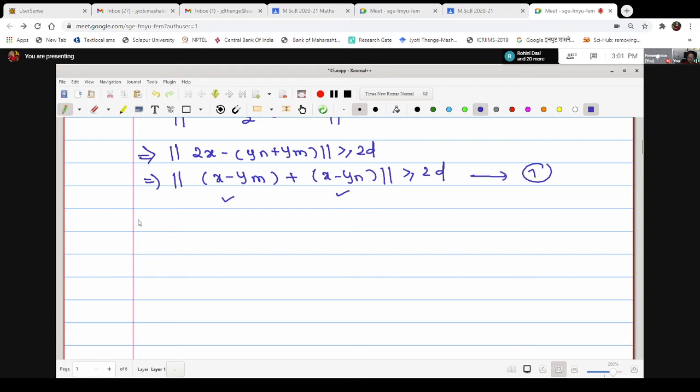Now here I'll just write, using the parallelogram law for the vectors x minus ym and x minus yn. Let me write. What is the parallelogram law? Norm square of x plus y plus norm square of x minus y is equal to 2 norm square x plus 2 norm square y, right?